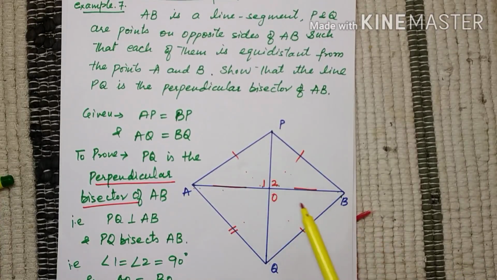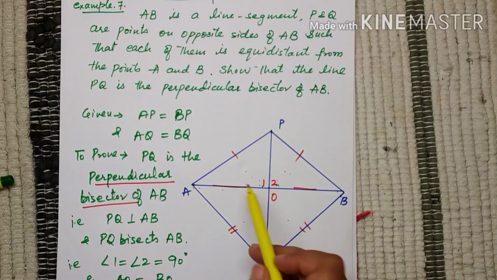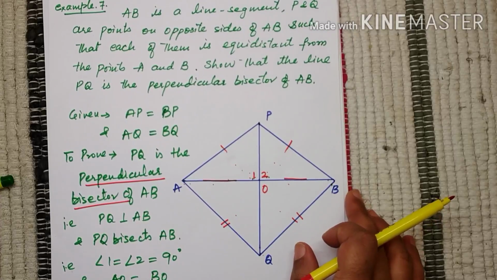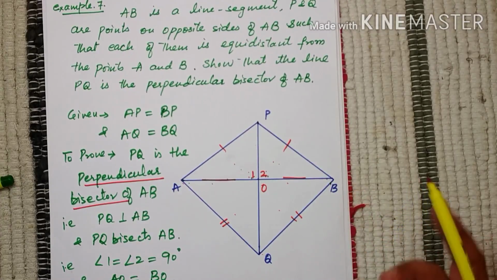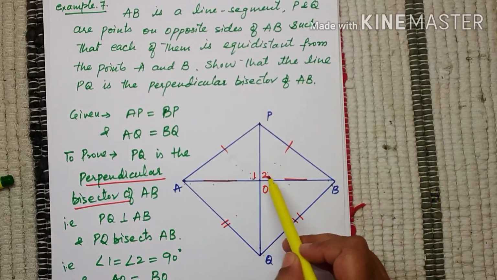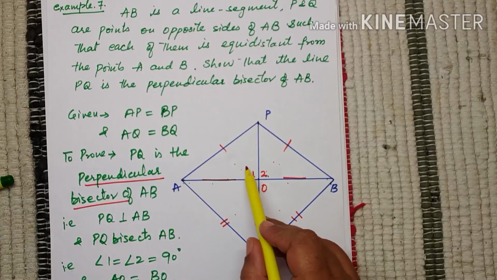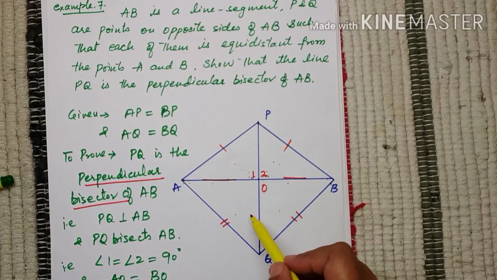If I prove the triangles congruent, I'll get these angles equal and I'll get these sides equal. And these angles form what? Linear pair. The sum is 180. And if the angles are equal, the sum of the two equal angles is 180, each of them will be 90. So I will be able to do my job.